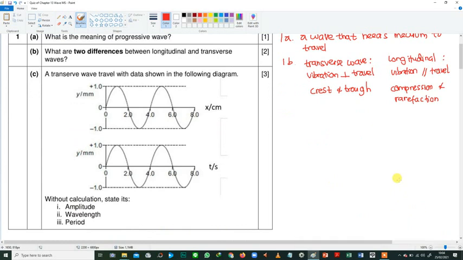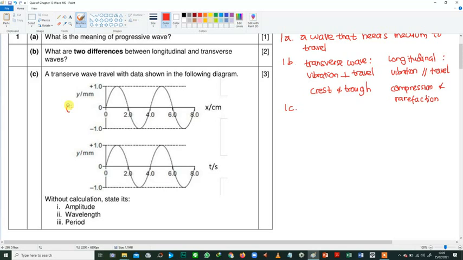Now we're gonna have 1c. 1c is related to this diagram. So it's a transverse wave, and as you can see we have two diagrams. The two diagrams have a similar shape of the wave, but they have different quantity for the x-axis.